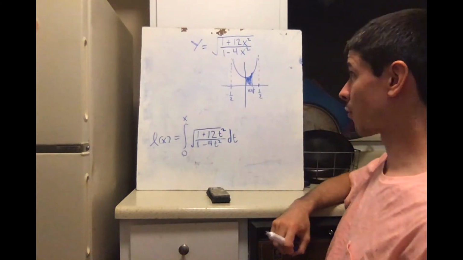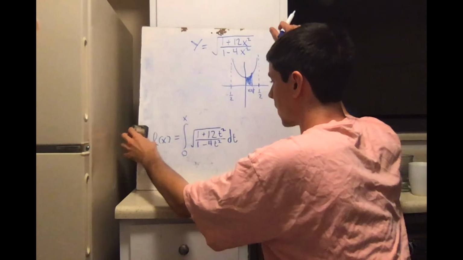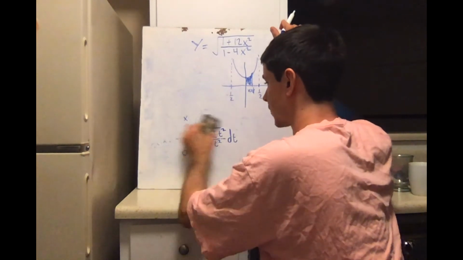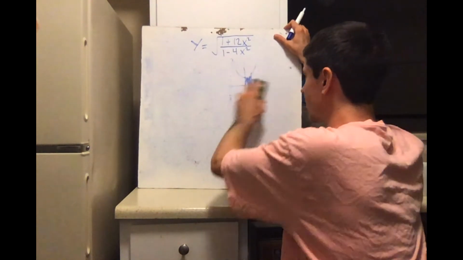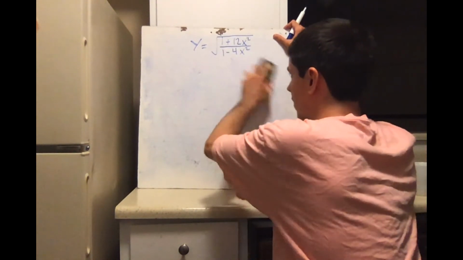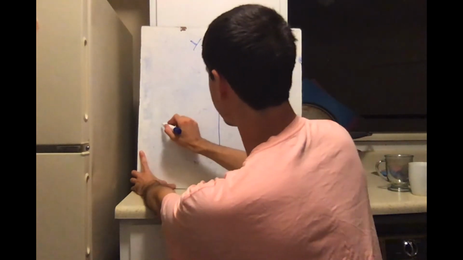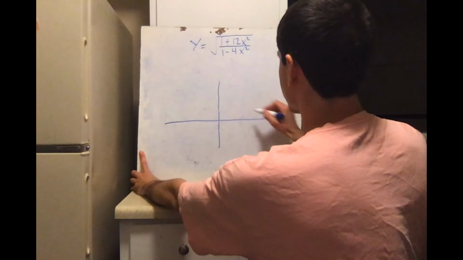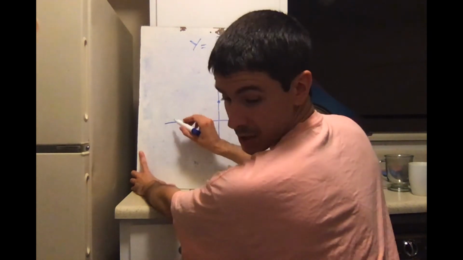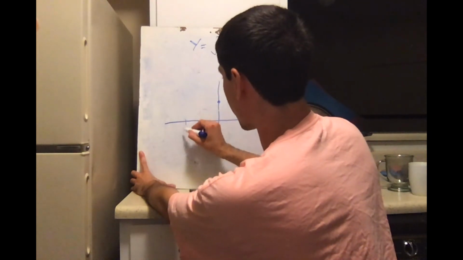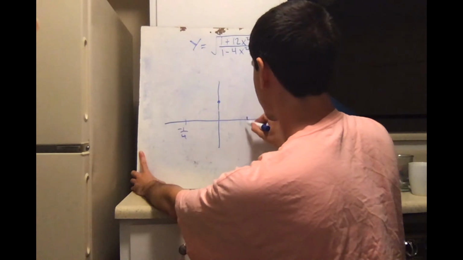Now, we can approximate this area, so let me blow up this graph a little bit to depict it. Right here we have, say, negative 1/4 and 1/4.